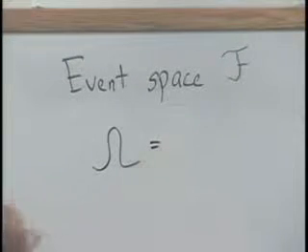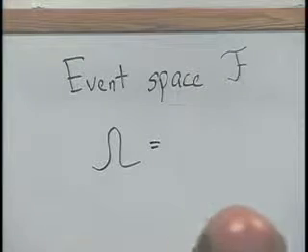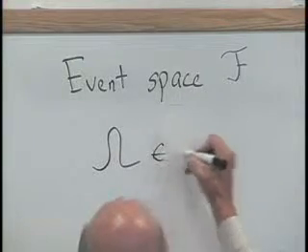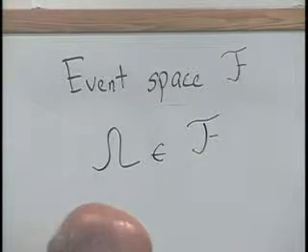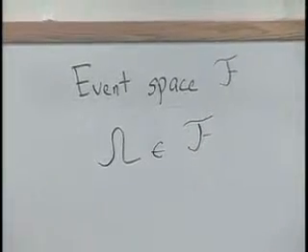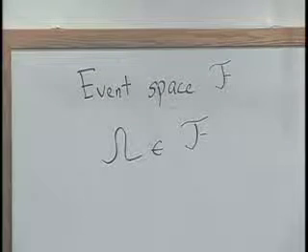The universal event has to be in the event space. And the reason for that you now know. One of our axioms for a probability function will assign a probability of 1 to this event. And if this event is not something we can assign a probability to, that doesn't make much sense.